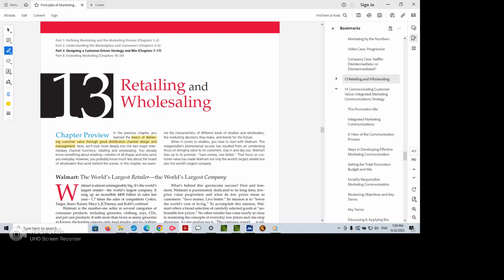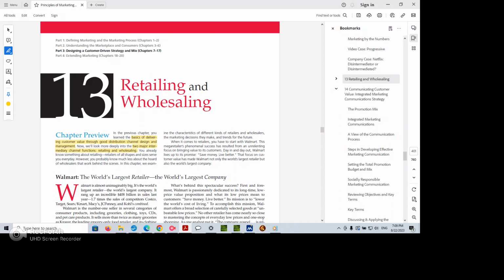Now we'll look more deeply into the two major intermediary channel functions, which are retailing and wholesaling. So basically, they're going to go into more detail about it. You already know something about retailing, which is retailers of all shapes and sizes serving you every day.